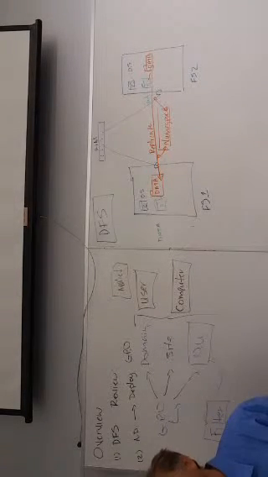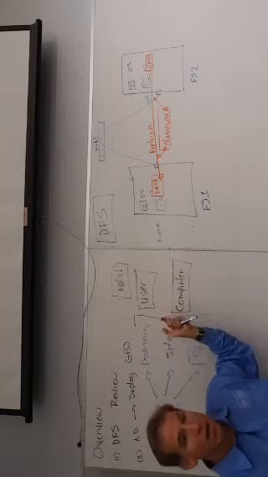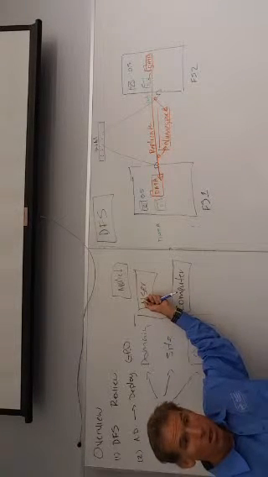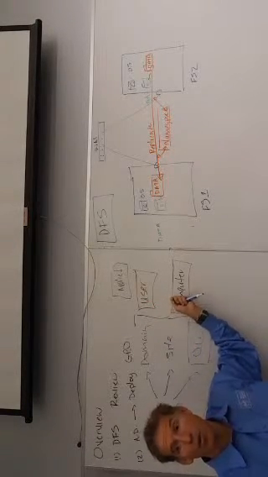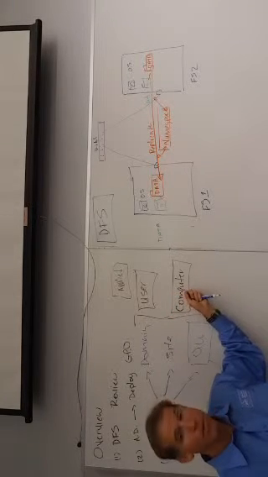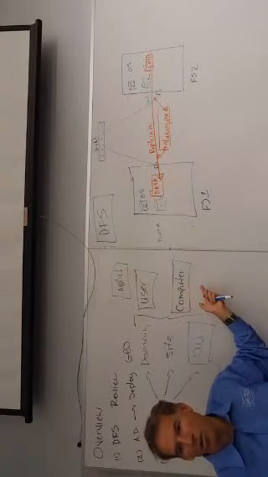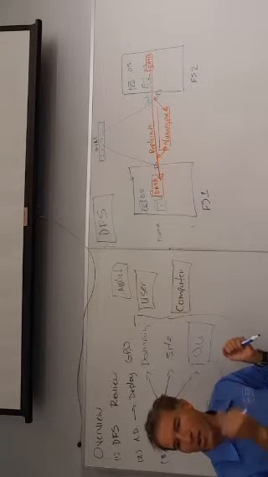Okay, so again, you're able to target these at a user or at a computer. When you target it at the computer, it doesn't matter who logs on to that computer, that policy gets applied.